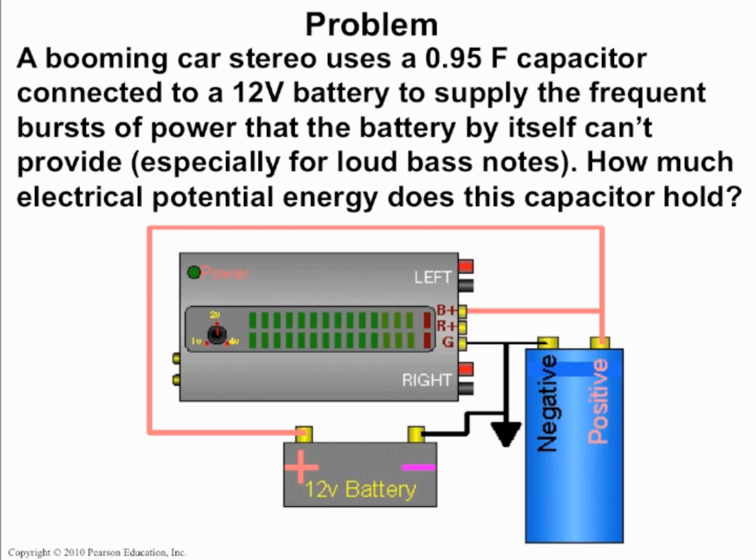Well, that kind of power just can't come from a 12-volt battery, and so car stereo systems need to make use of capacitors. Now, if you look at this schematic diagram, and when we get to circuits, you'll see diagrams like this. They simplify the wiring. And what we have here in the blue rectangle is a capacitor, and that's a model of a cylindrical capacitor.